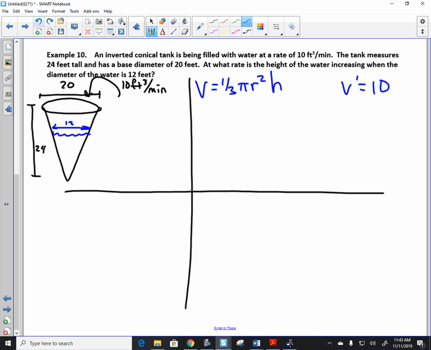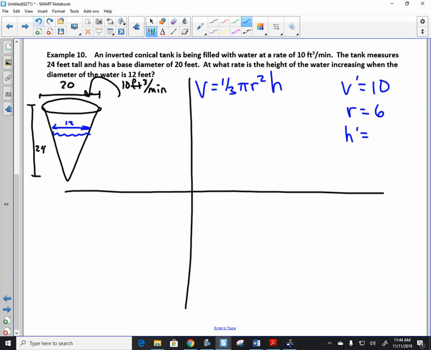Diameter of the water is 12, so the radius of the water is 6. What do I want to find out? H prime, the rate at which the height is increasing.